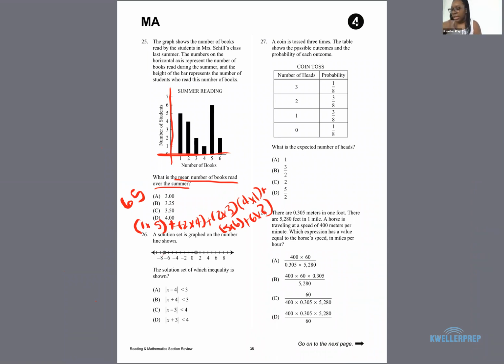Now, when you're doing the mean, you want the total. So we're looking at the mean number of books. When you're doing the mean, you take the total number of books read divided by the number of students who read. So the total number of books read is 65. And then you add up the number of students who read each of these values.